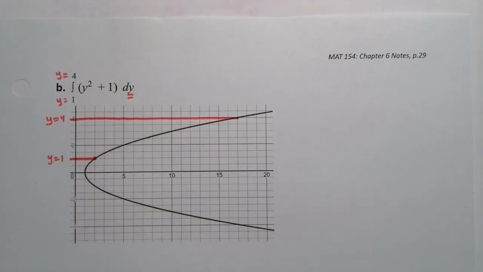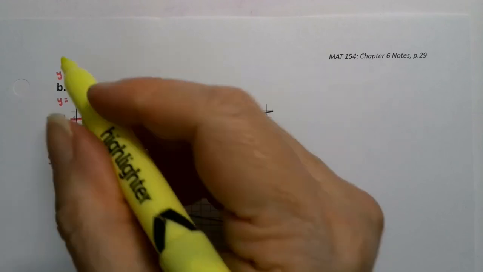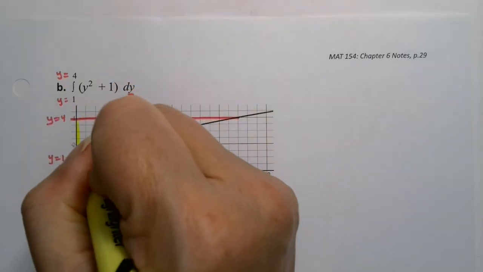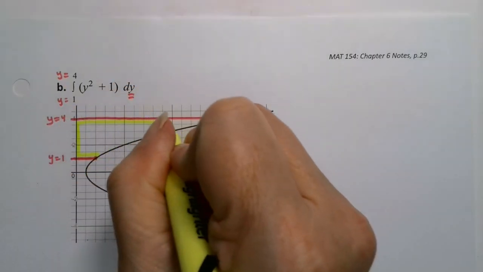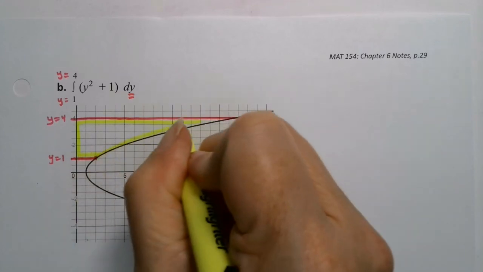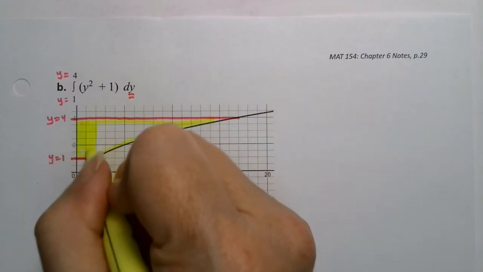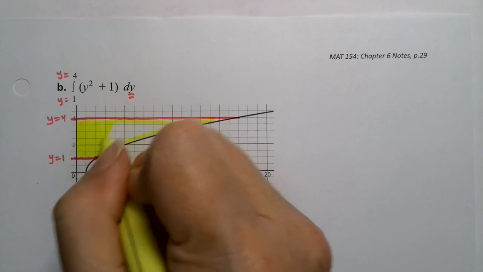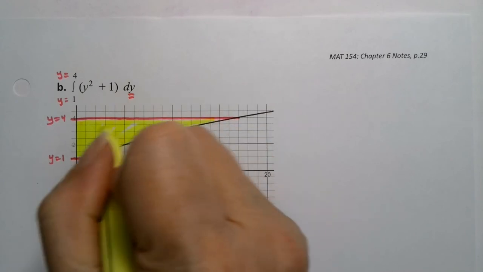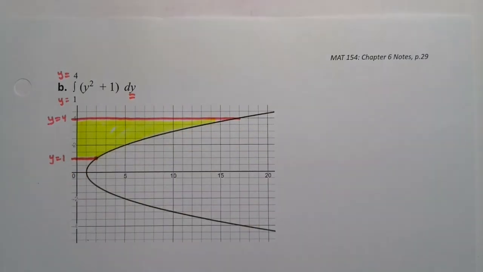And so the enclosed region that I have to shade for part 1 would be between the y-axis and that curve, but also between the horizontal lines y equals 1 and y equals 4. So there's part 1. I have that region shaded.